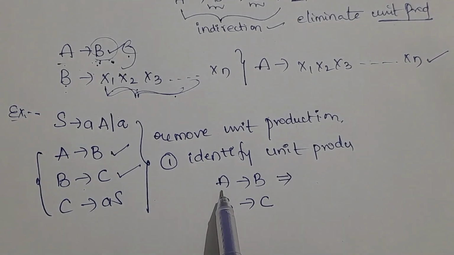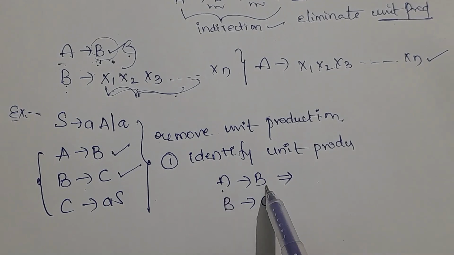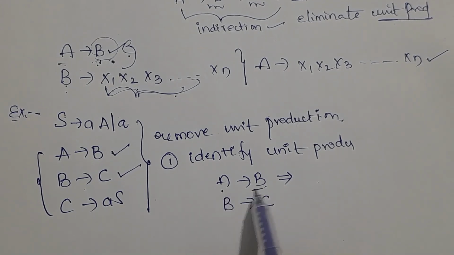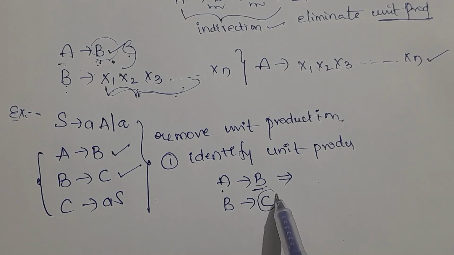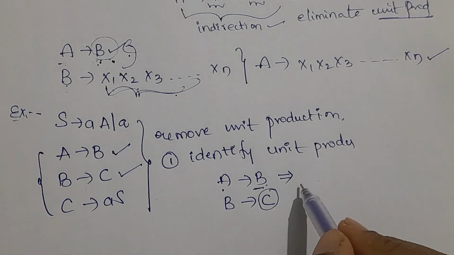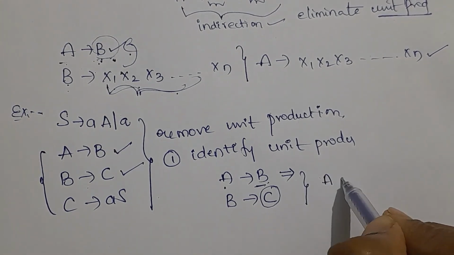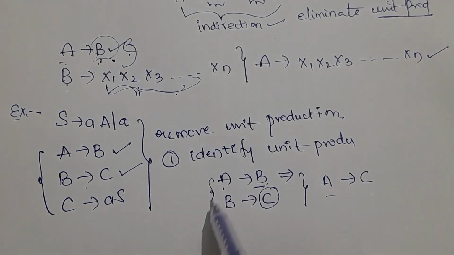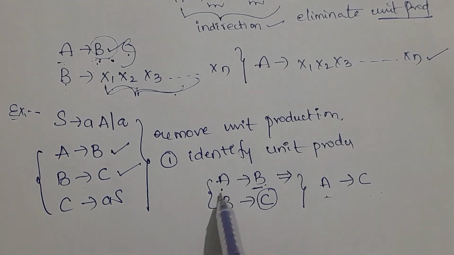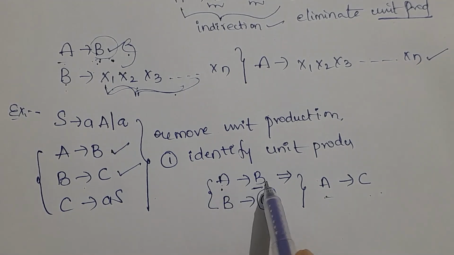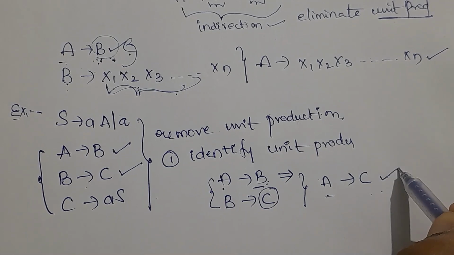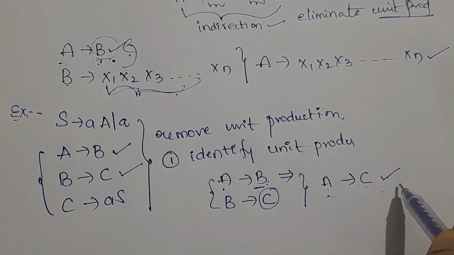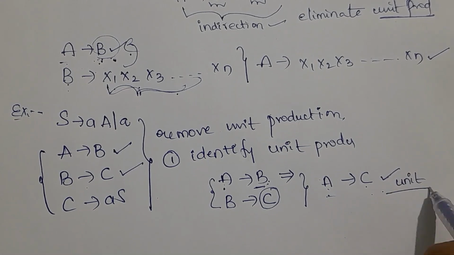If I want to eliminate it, I need to replace this B with B's RHS production, so that A is deriving C. This is what will happen from these two unit productions. After eliminating A tends to B, I'm getting A tends to C, which is also a unit production, right?